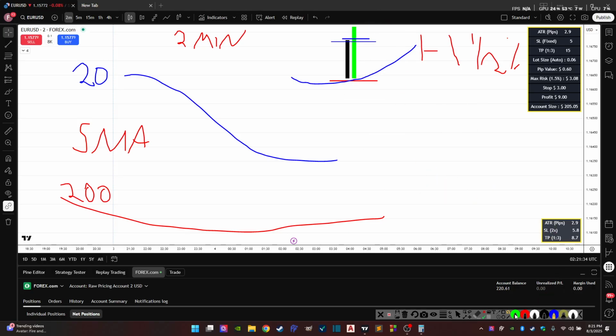Now we're going to have the reverse of that if we're looking for a short. So let's say we are coming up and we have our 20 here. We're going to have some dark candles, not light candles, dark candles. They're going to be forming like this.